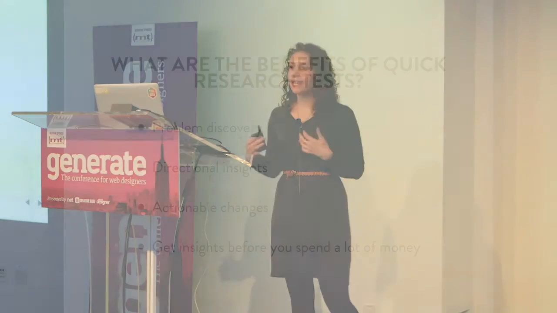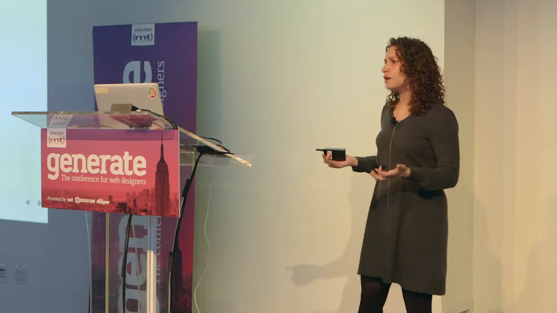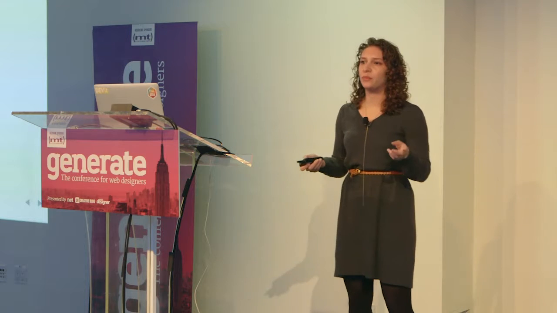So you may be thinking, all right, I've got to talk to these people. That's fine. But what am I actually going to get? What benefit is this going to provide? So the first thing is problem discovery. A lot of times we go into a project and as we're creating it, we think to ourselves, well, this is a problem and that's a problem, and I don't like this, but I'll change it later.